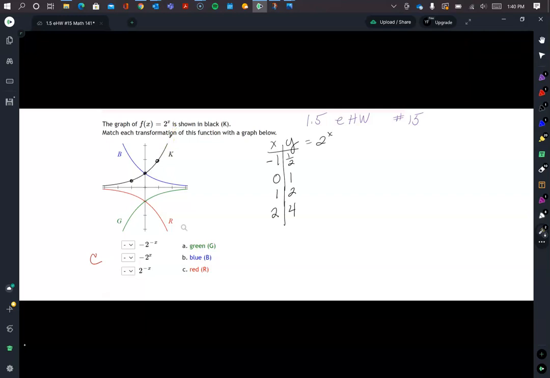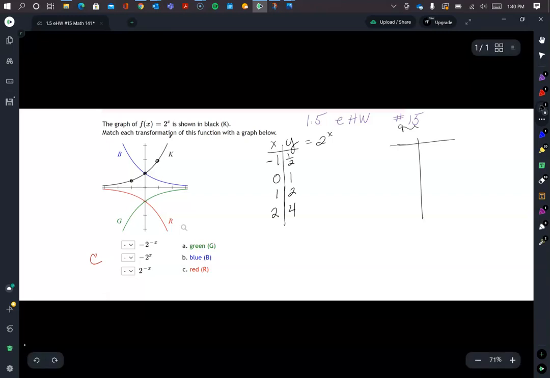So then if we look at the green one, let's just see what those values are going to end up being for the green.